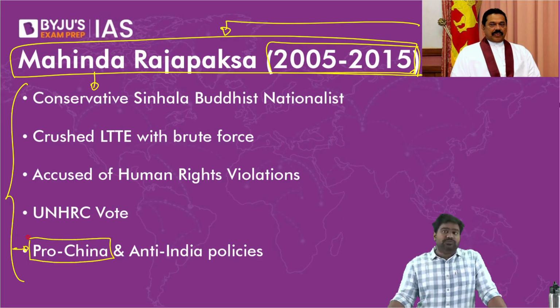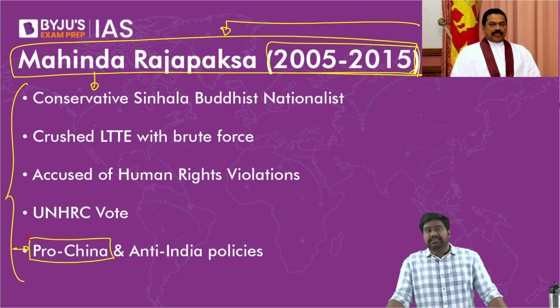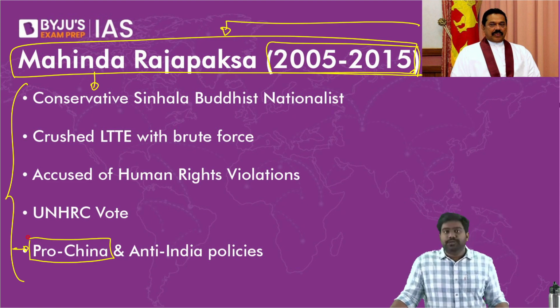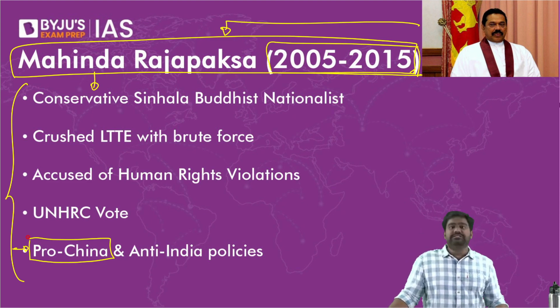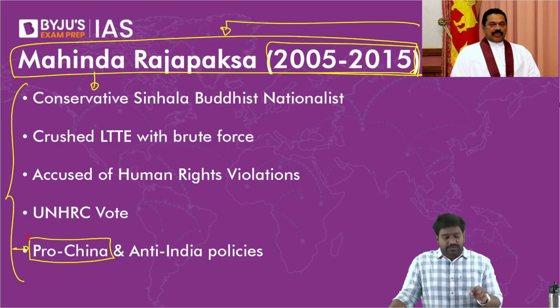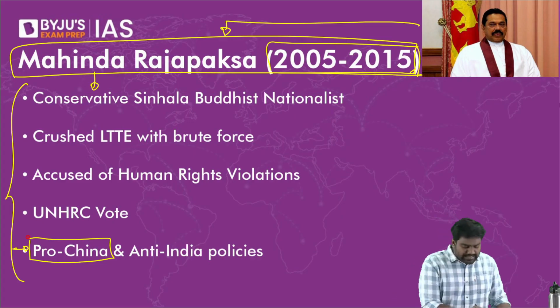Because by early 2000, China had started raising its influence in the Indian Ocean. If you remember, we had mentioned this under India-China relations as well, when we discussed the string of pearls theory. By early 2000, China had started stepping up its influence in the Indian Ocean with the intention of countering Indian influence.